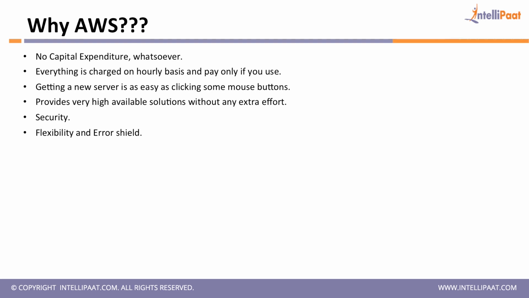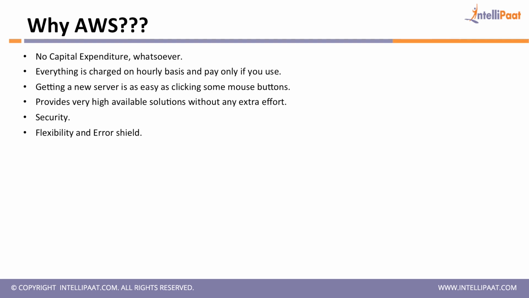If you over provision, there's no way you can cut down the budget. You have made an error, so you have to live with it. But in the case of AWS, no problem if you have over provisioned or under provisioned. As you pay as you go, on an hourly basis, you can increase or decrease the capacity as you need.